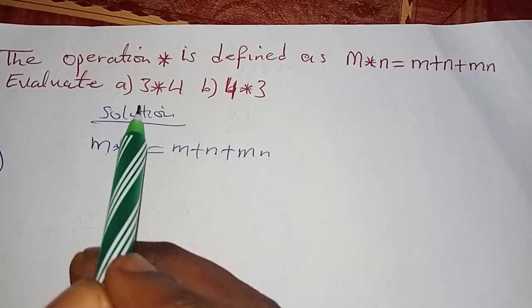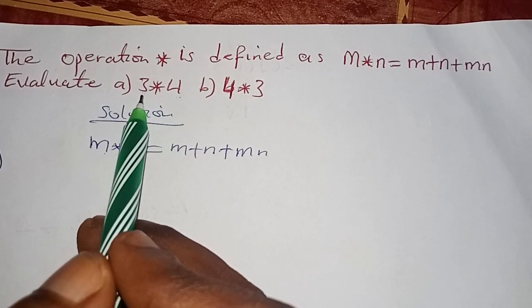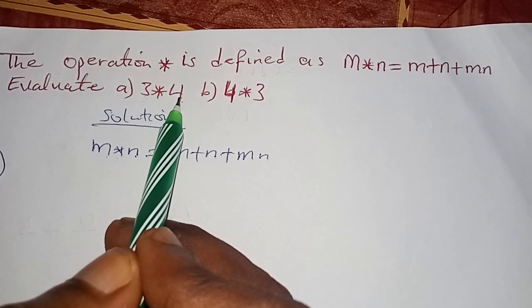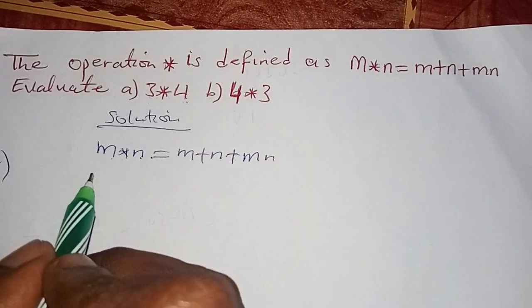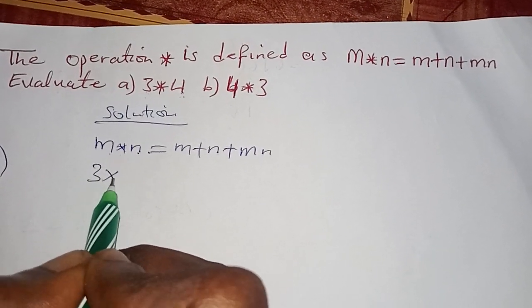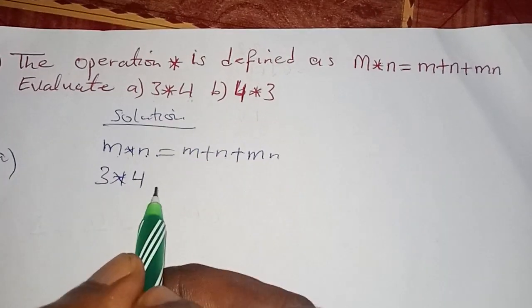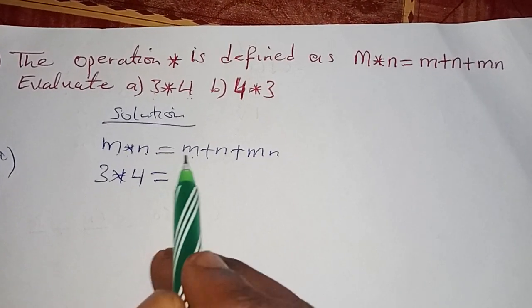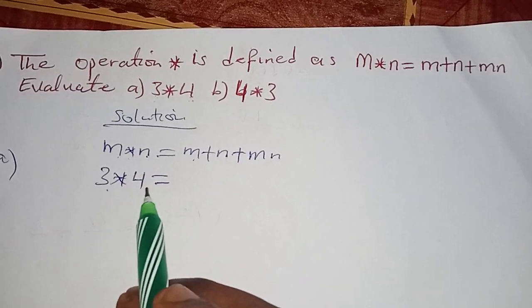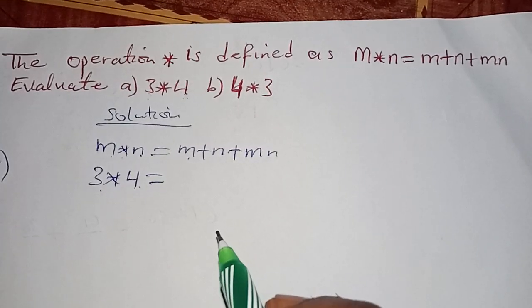M operate with n and 3 operate with 4. So the first number is 3 and the second is 4. So now in your equation, anywhere you see m, you're going to put 3, anywhere you see n, you're going to put 4. Very easy, right?